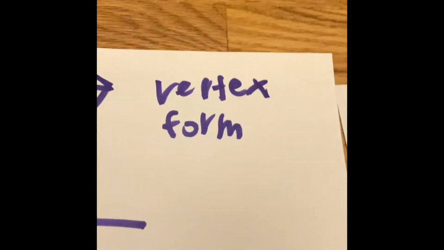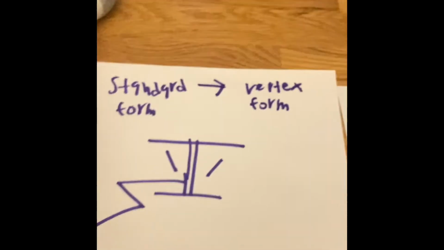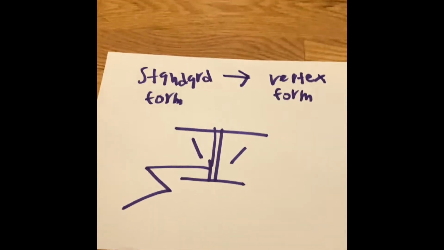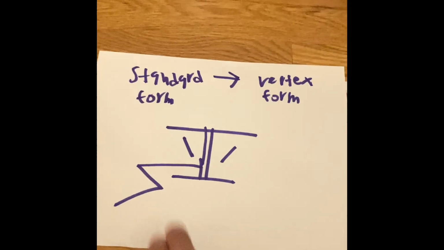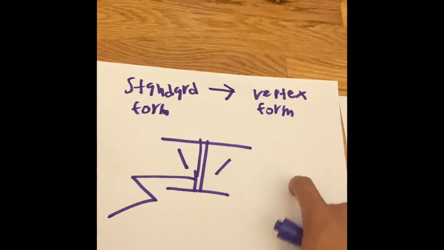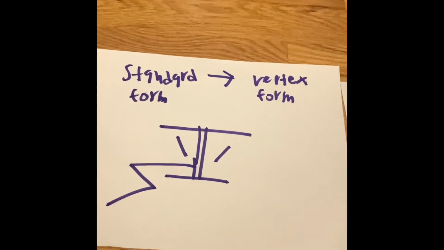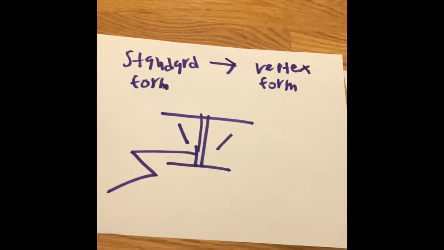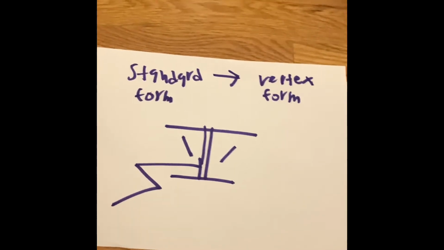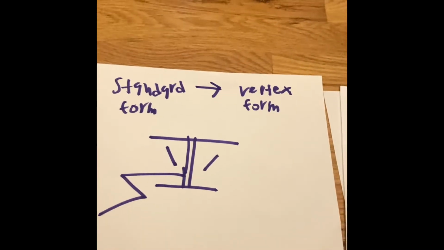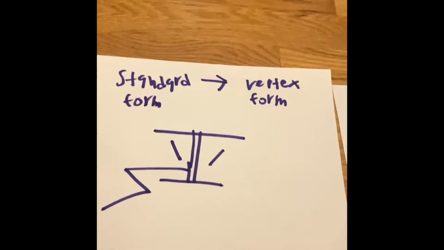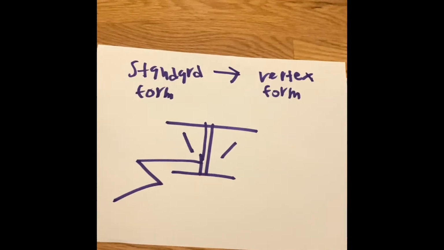to a vertex form equation. So in this video, we're going to learn about how we can convert one equation to another type of equation, because it might be helpful when your teammates or your friends might want to understand the same equation rather than different equations.